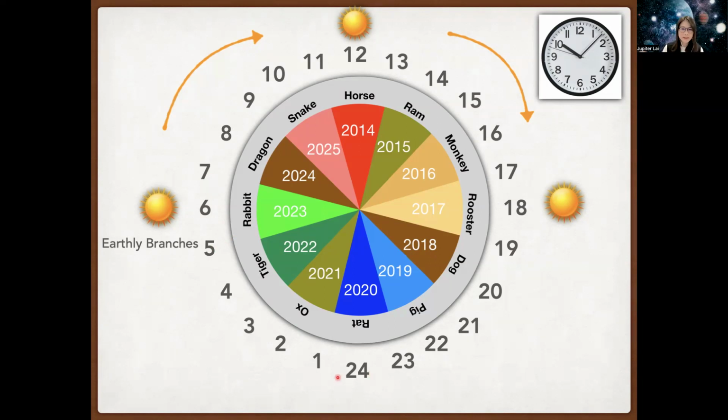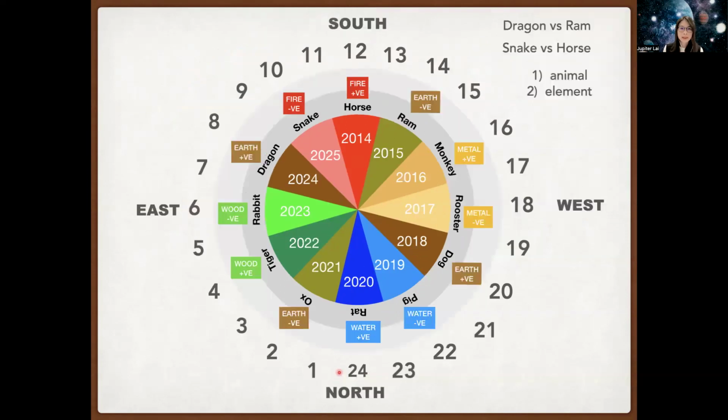So this is the basics of how the celestial circle, the Chinese zodiac, is set. Here we have a chart with more details. For each earthly branch, for example the rabbit, besides being named as rabbit, it is also one of the 5 elements.